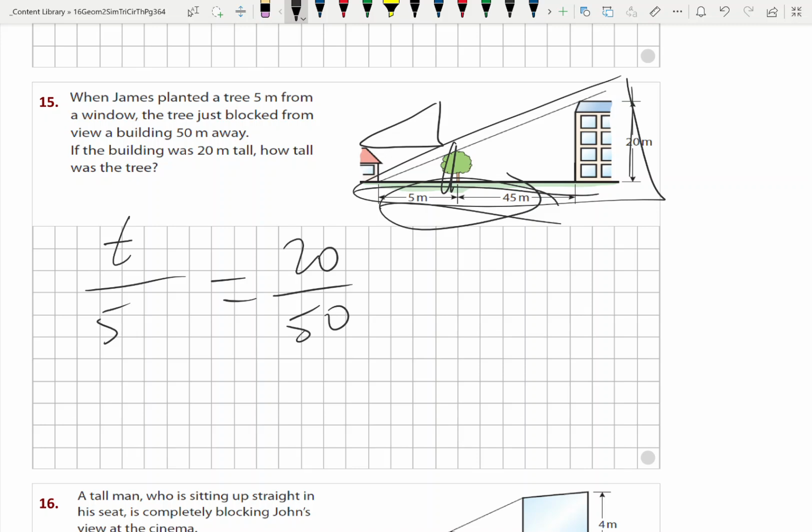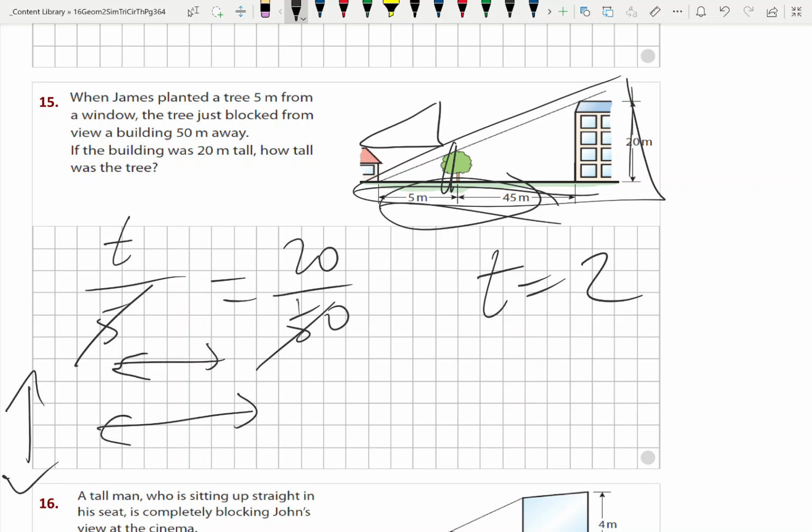Okay. 5 can cancel with the 5. That's now 10. 10 into 20 is 2. So like I said, all cancellations that way are valid, that way are valid, that way are valid, and that way are valid. Just do not ever try to cancel diagonally. Okay, the tree is 2 meters tall.